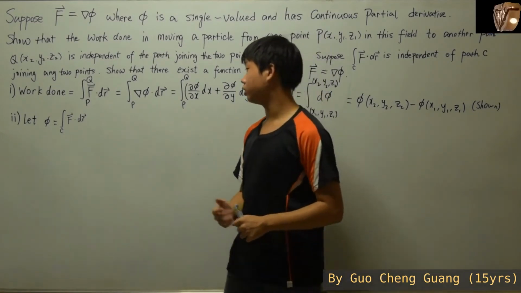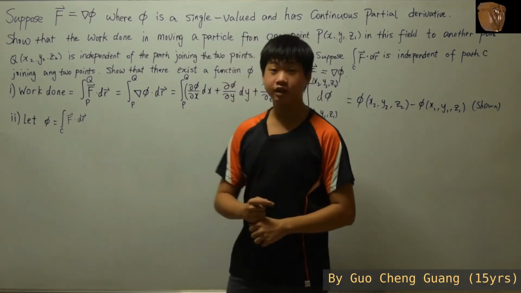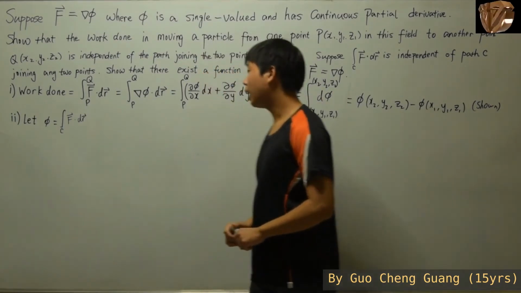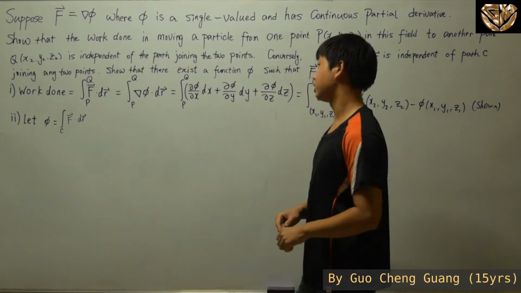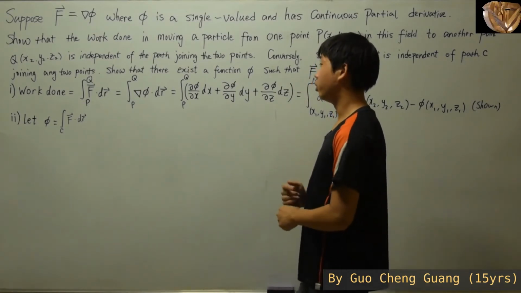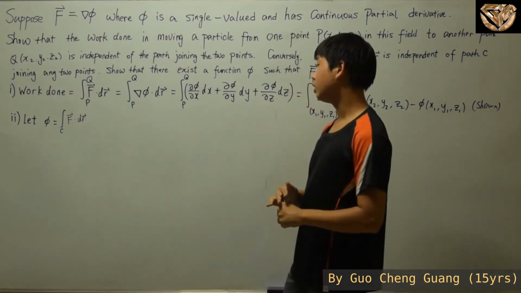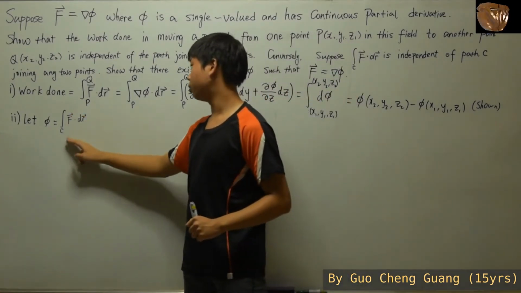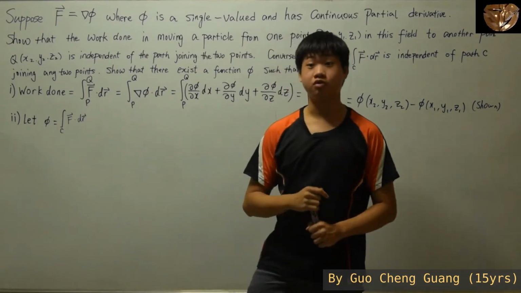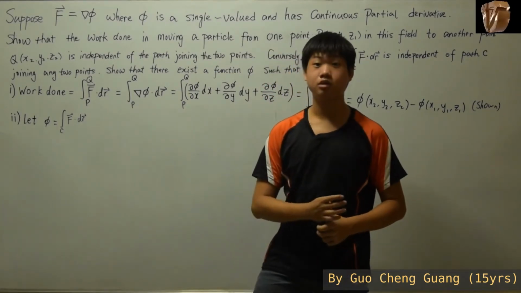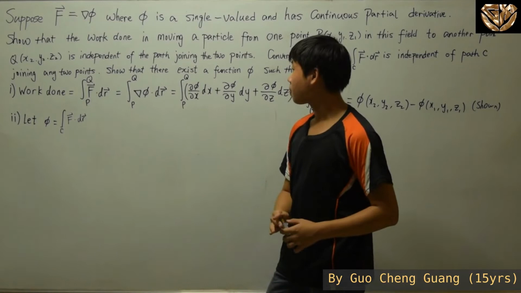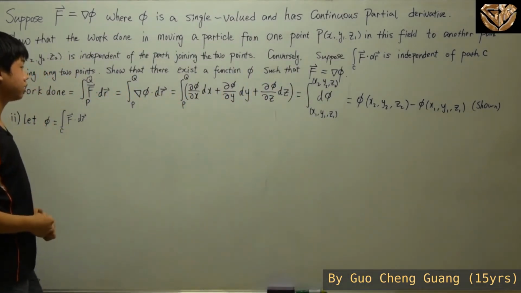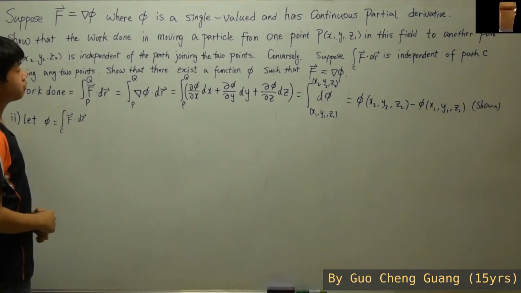We're integrating along this curve C, and you have f vector dot dr vector. How exactly will this help us? Of course, if you substitute in 2 different points, then you can get 2 different forms of it.